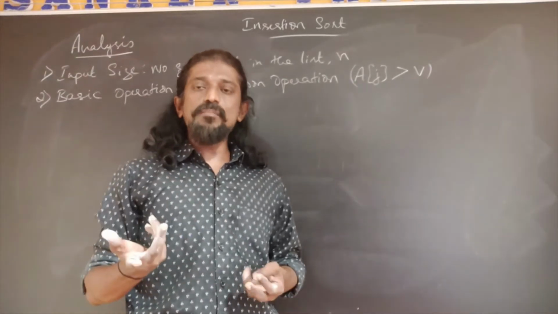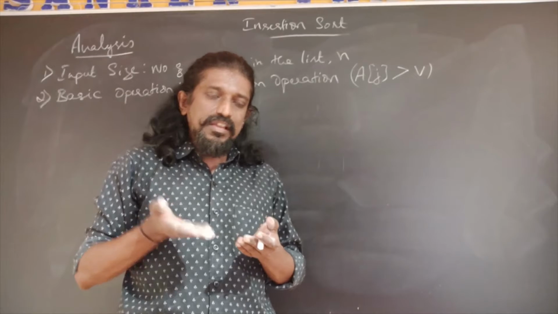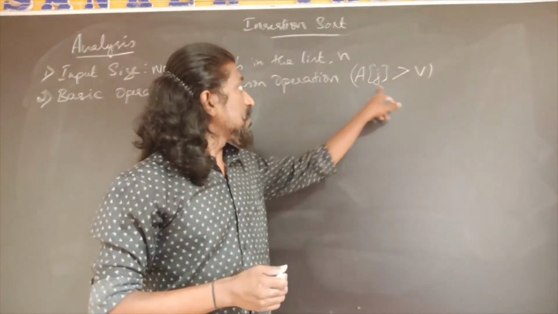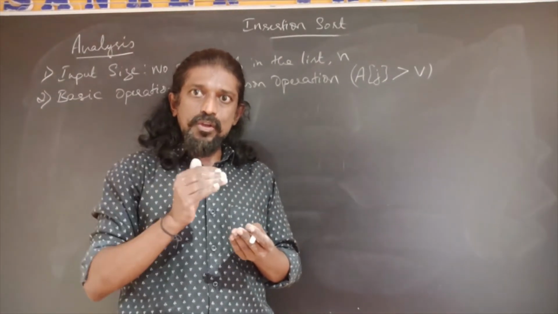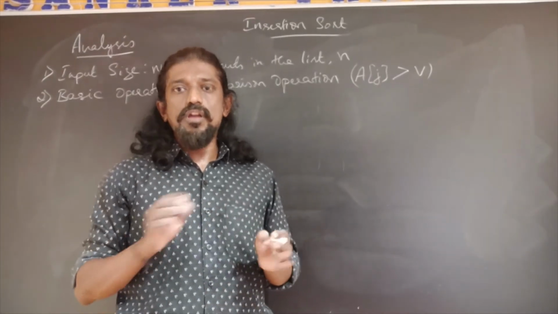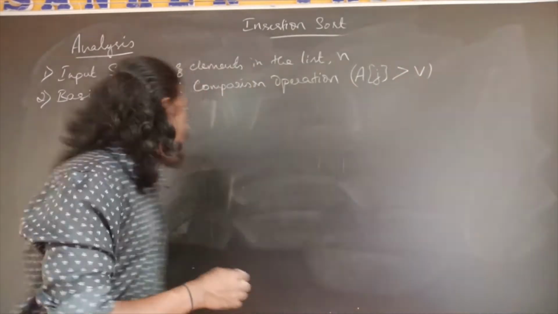We can take both of them as basic operations, but j greater than or equal to 0 is just decrementing the index until it reaches the first position. But a of j greater than v is the one which is actually checking whether we should enter the loop and move the elements down or not. If we find a larger element, then it will stop. So we will consider this as the basic operation.